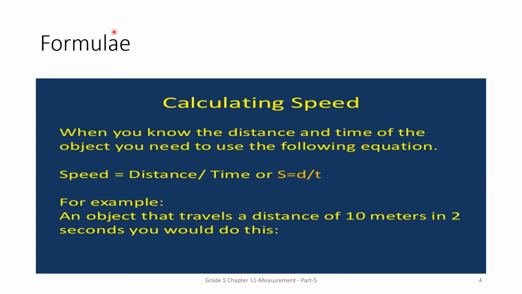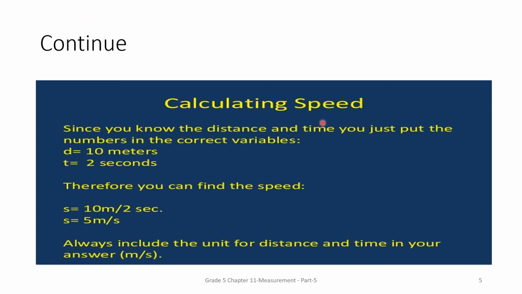We will see that now. Since distance and time are given, we can easily calculate speed by just dividing distance by time. So 10 by 2 is equal to 5. So speed is equal to 5 meter per second. Scholars, this unit is very important. Meter is for distance and second is for time.